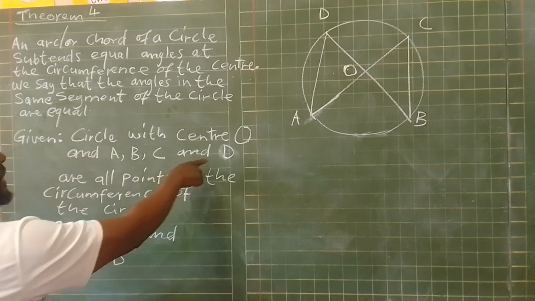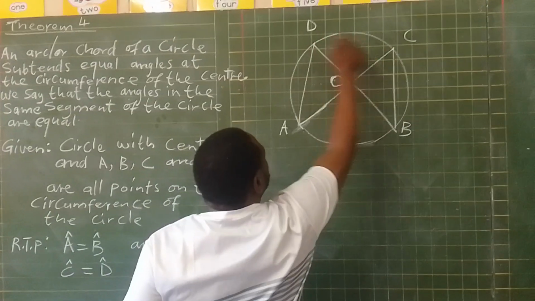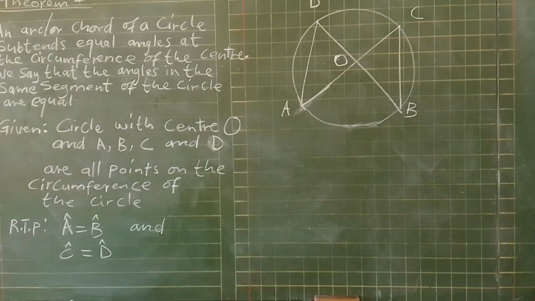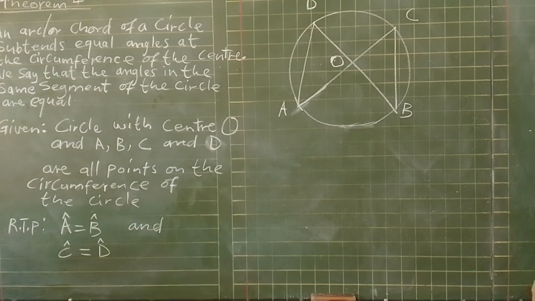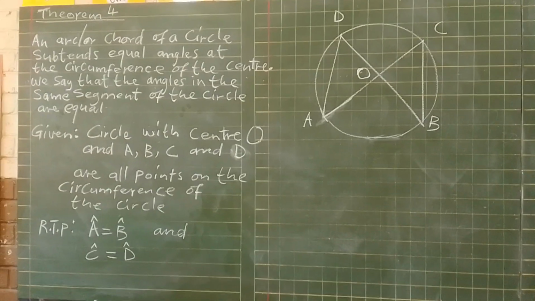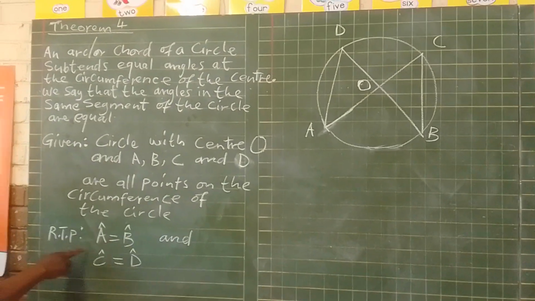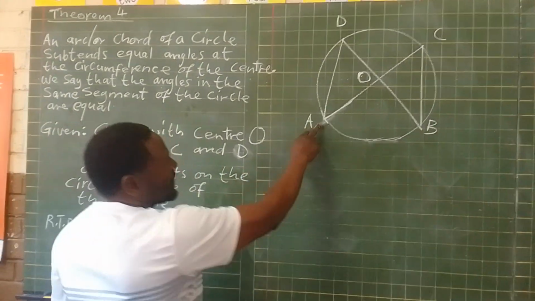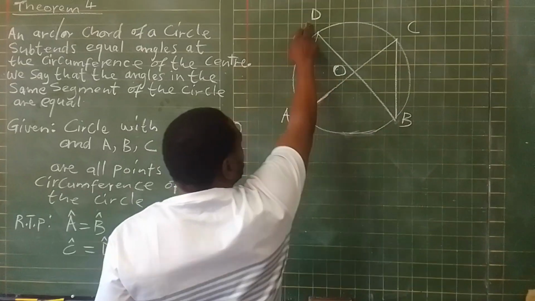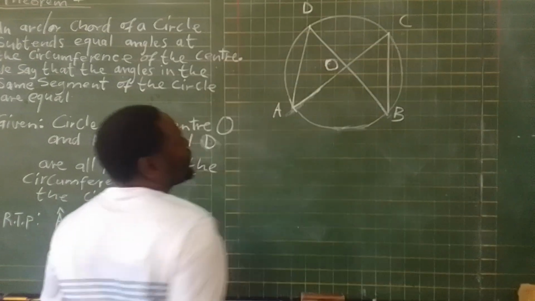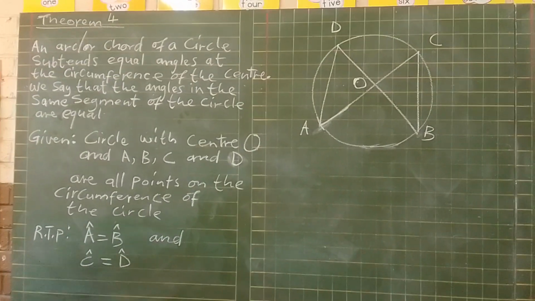A, B, C, and D are points on the circumference of the circle. We are required to prove that angle D is equal to angle C.